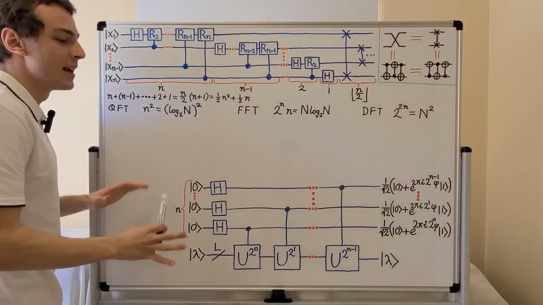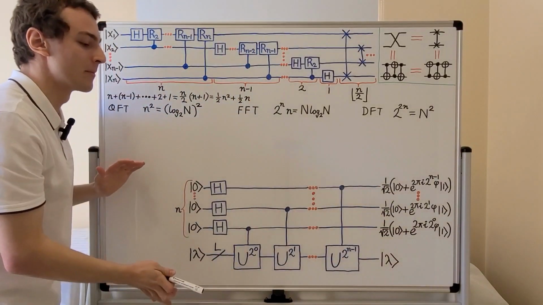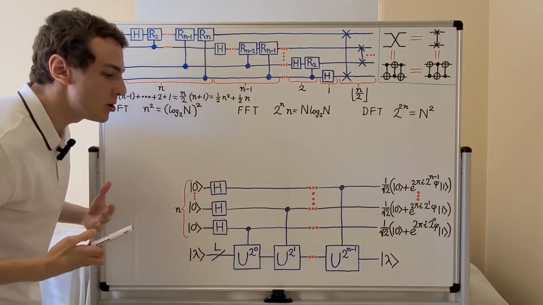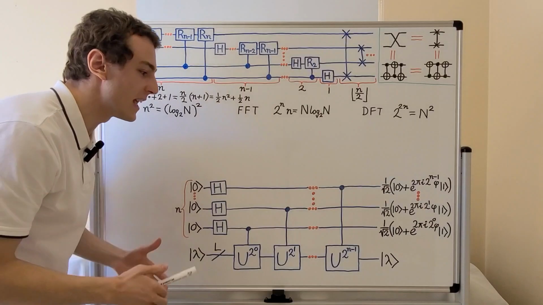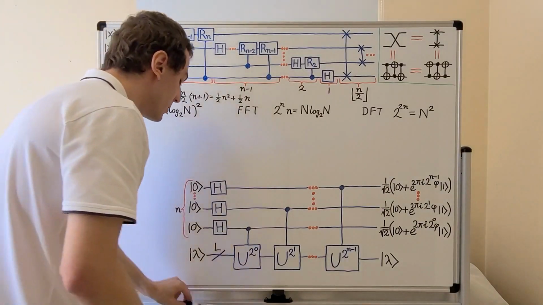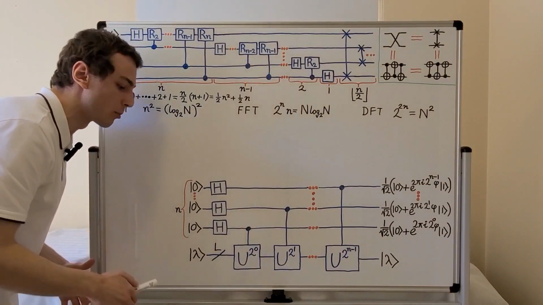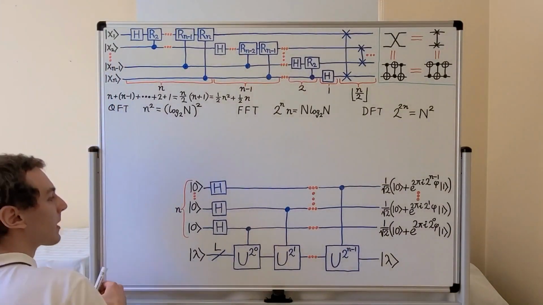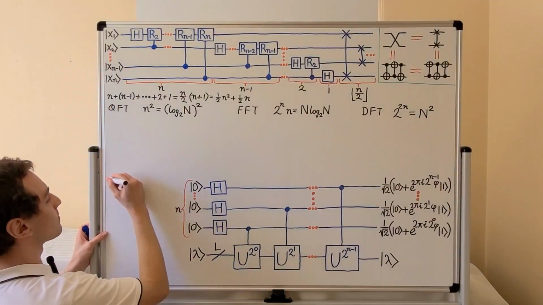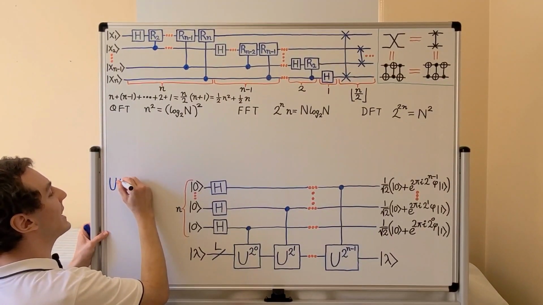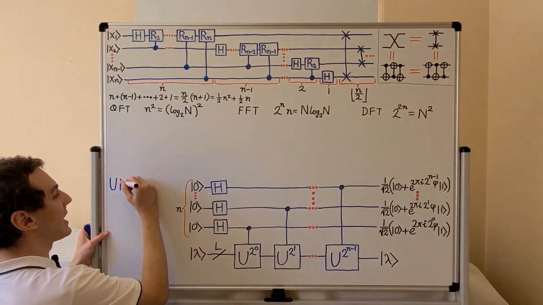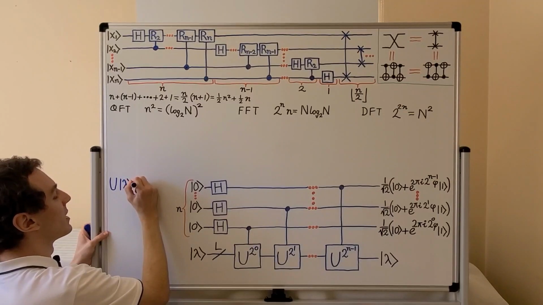So now let's examine this diagram in the bottom over here. This is going to give us an intuitive understanding of quantum phase estimation. We're going to consider a specific scenario involving some unitary operator, which I've called U. This unitary operator has an eigenstate, which I'm going to label by lambda.